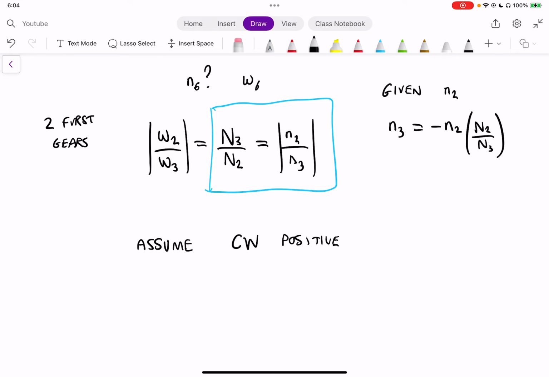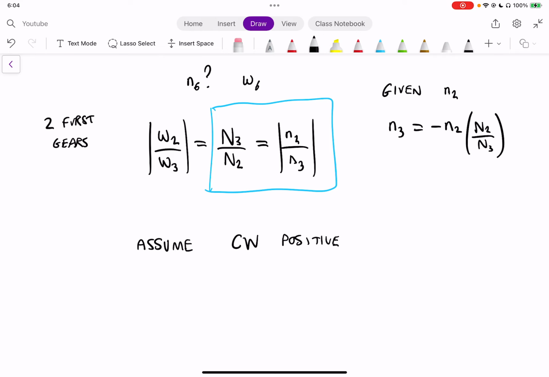So it's going at exactly the same velocity and in exactly the same direction, clockwise as well. So n5 is equal to n4. Then n6 is connected by gear teeth again, so n6 is equal to minus n5 times N5 over N6.